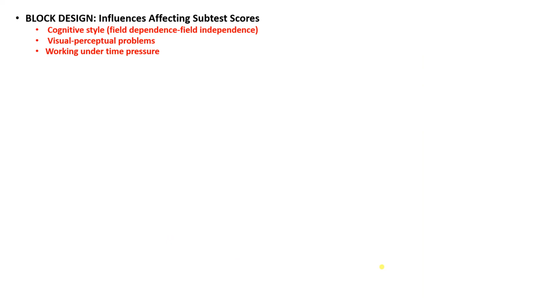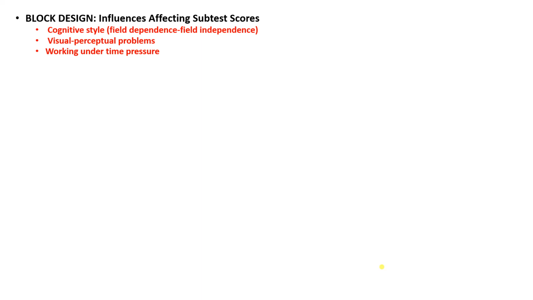Now coming to the factors which can influence the subtest scores, this includes cognitive style. Field dependent and field independent individuals may differ in their performance. So we will have to be very careful, as I have discussed earlier, about these influencing factors before making any clinical interpretation.